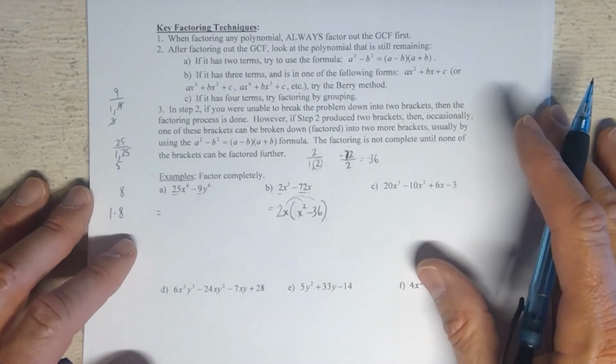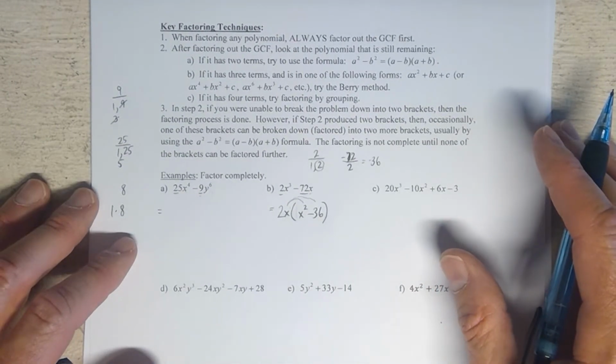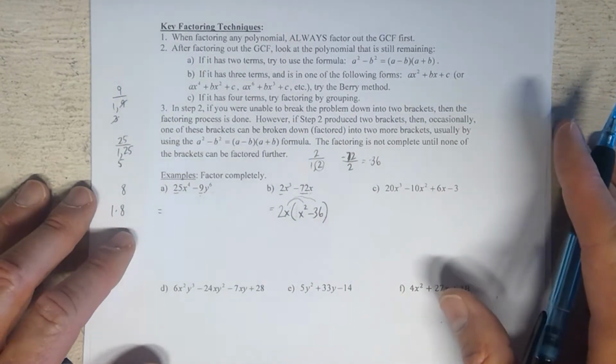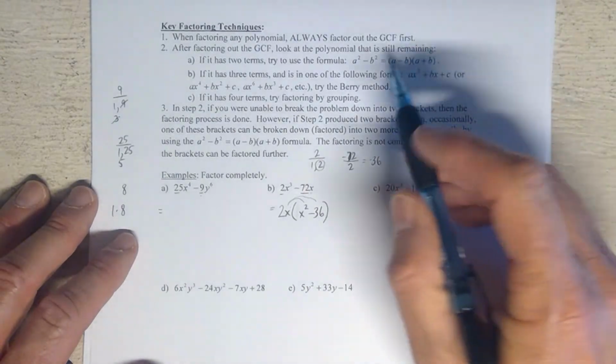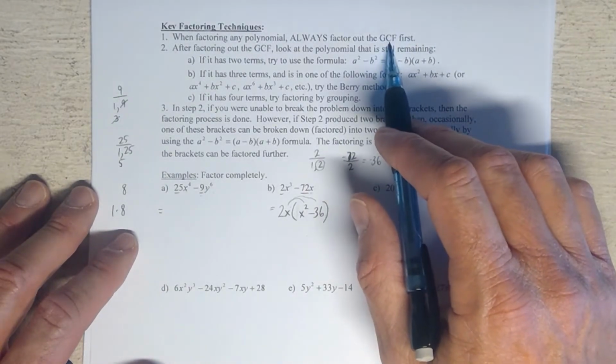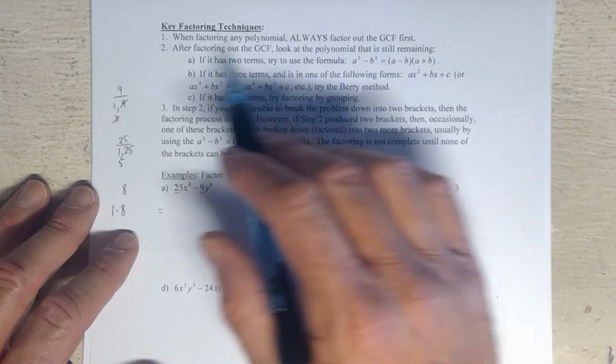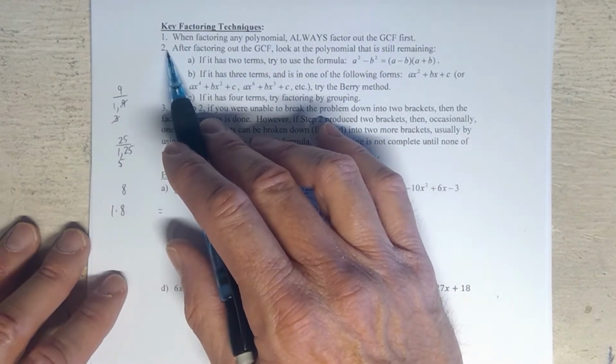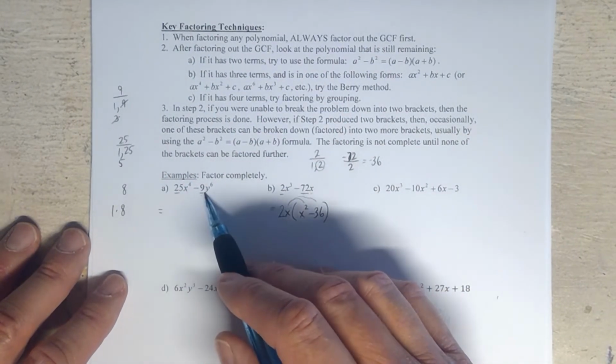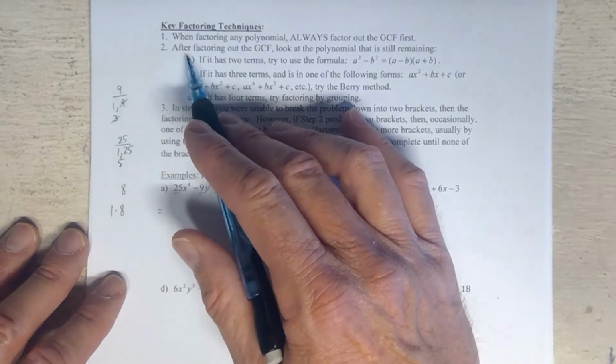It is 1 without any letters in there as well. So 1 with no variables, in other words, that means the GCF is 1, and we can typically skip this first step in that case, and we jump down into step 2. So we can skip the first step in problem A and jump down to step 2 then.